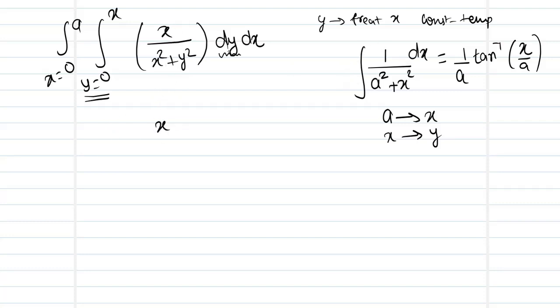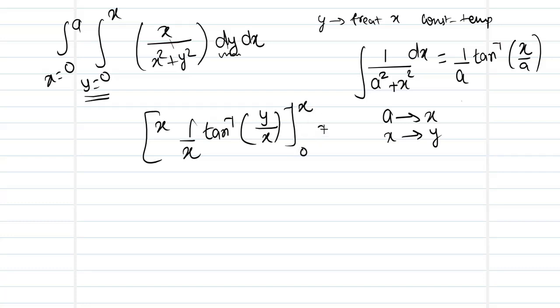So this becomes 1 by x tan inverse of y divided by the constant. What is our constant here? Constant is x. So this is the function which we get after integration between the limits 0 to x.